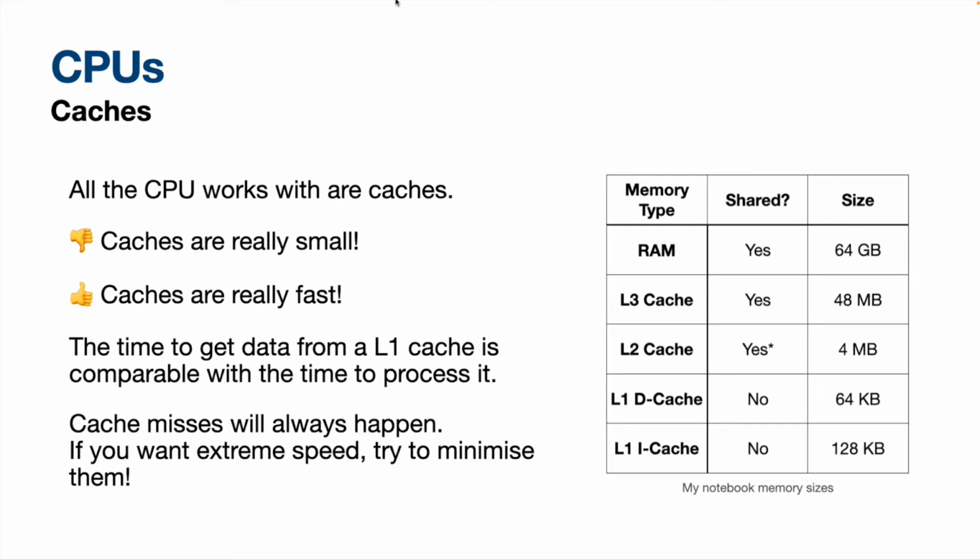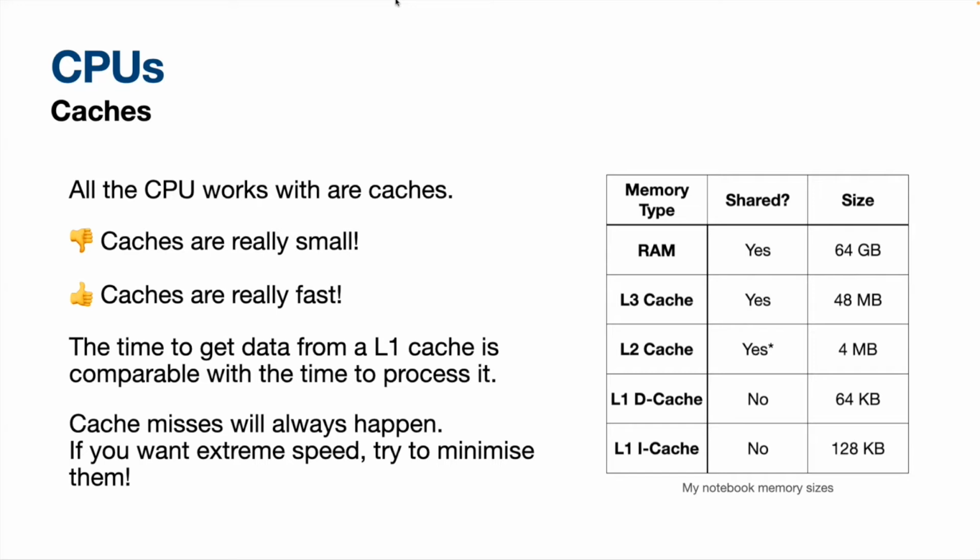At the top, you have your RAM. Then the further you go down, with the CPU right at the bottom, you have some caches, and they are always faster, but also always smaller. And basically, the CPU will work only with the smaller ones, so basically the data cache or the instruction cache.